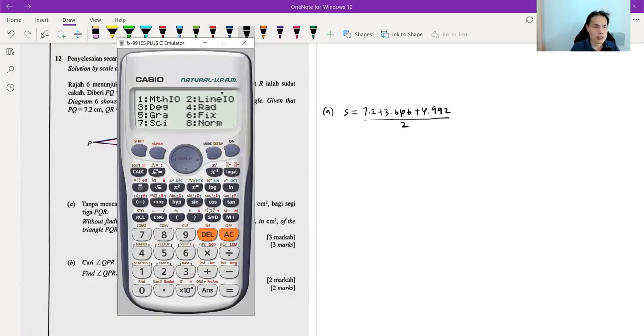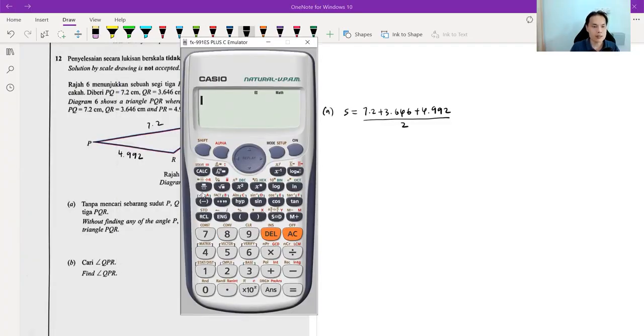Okay, let me just adjust my calculator first, clear all. All right, now let's add them up. The first one is 7.2, second one is 3.646, third one is 4.992, you divide by 2. So this value is 7.919.